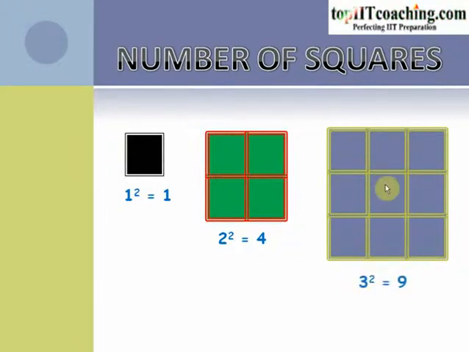There are in all 9 squares in this big square. So this is equal to 3 square. So we see here that even these squares follow a pattern or a rule. So these are some of the examples of things or events that follow a pattern or follow a particular rule.